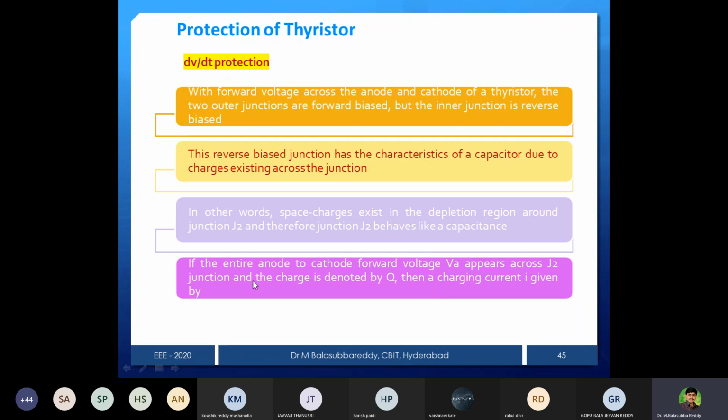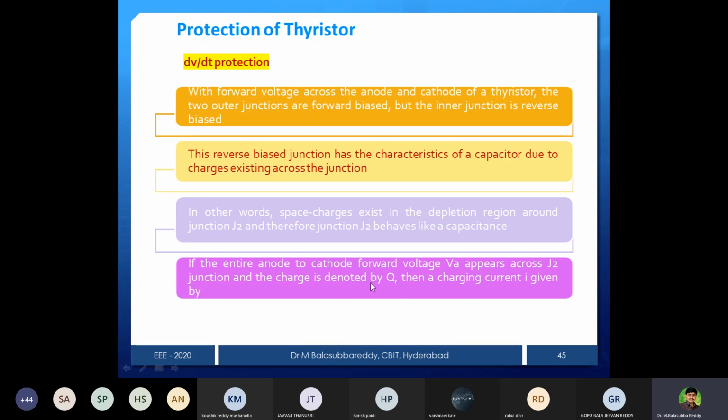The entire anode to cathode forward voltage VA appears across the junction J2 only now, because the outer junctions are already broken down and only the in-between junction remains. So whatever voltage is applied across anode and cathode, the total voltage appears across junction J2.